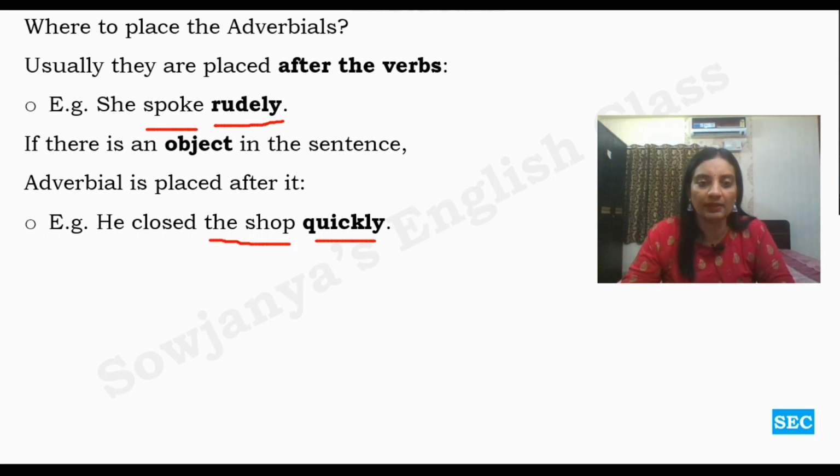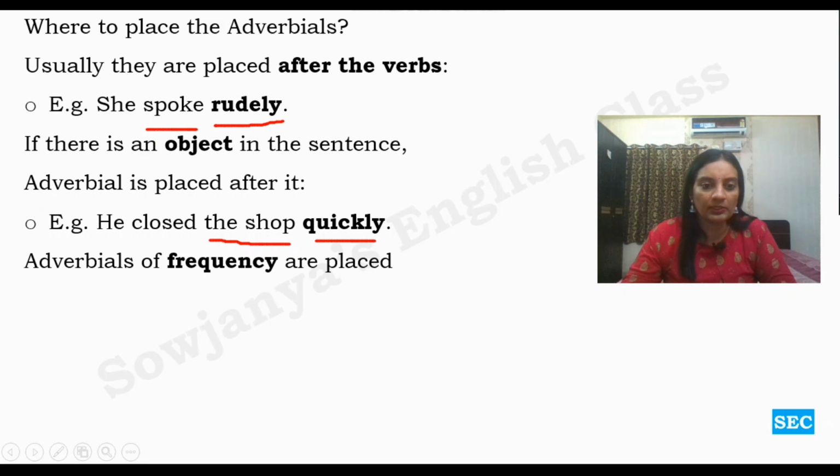So this adverb is not placed immediately after the verb here because of this object. Whenever there is an object in the sentence, you better place it after the object. He quickly closed the shop. That will be okay. He closed quickly the shop is wrong. Either you can say he quickly closed the shop, or you can say he closed the shop quickly. Either after the object or before the finite verb.